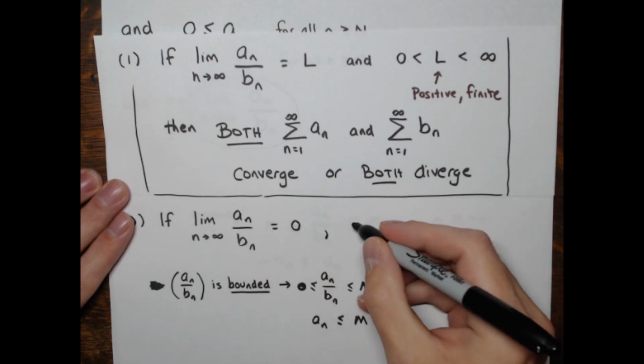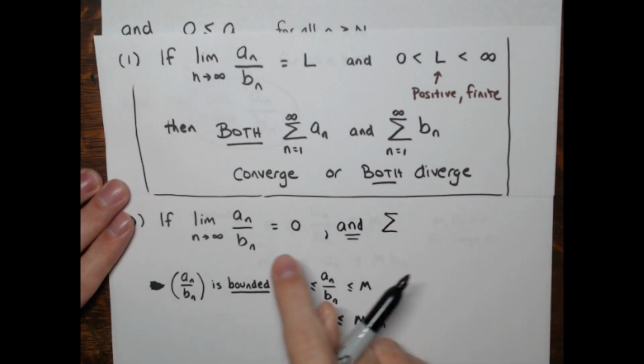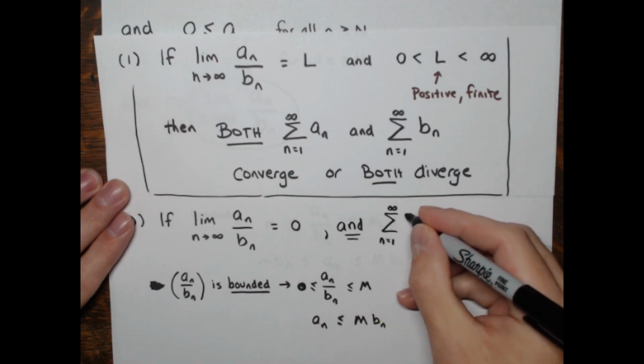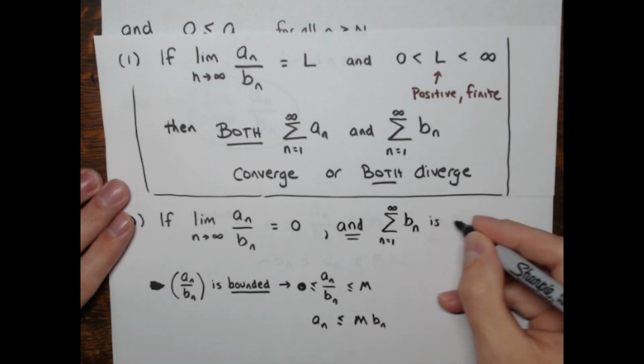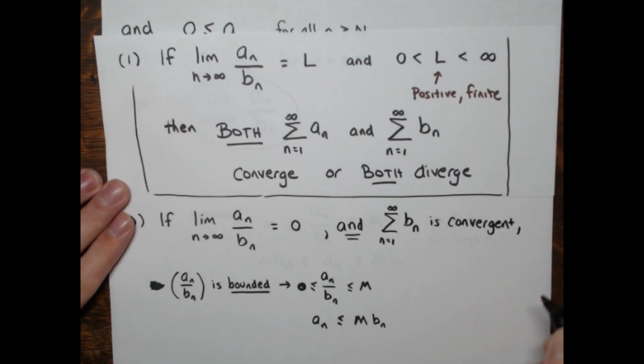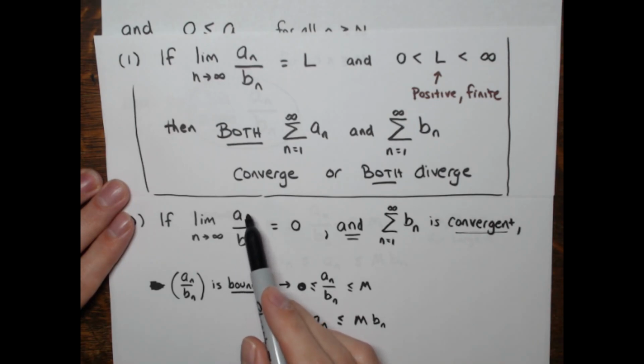So if the limit is zero and we know the denominator sequence has a convergent series, then the numerator, because it's growing more slowly, we have smaller terms, would also be convergent by comparison.